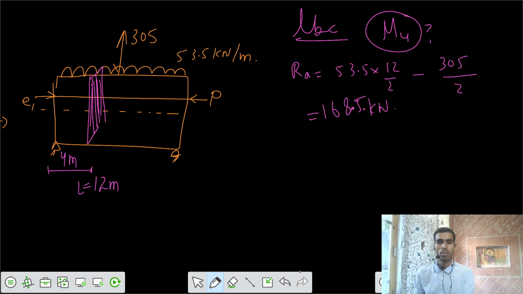So the bending moment at section 4, M4, is equal to 168.5 into 4 minus the UDL of 53.5 into 4 squared by 2.